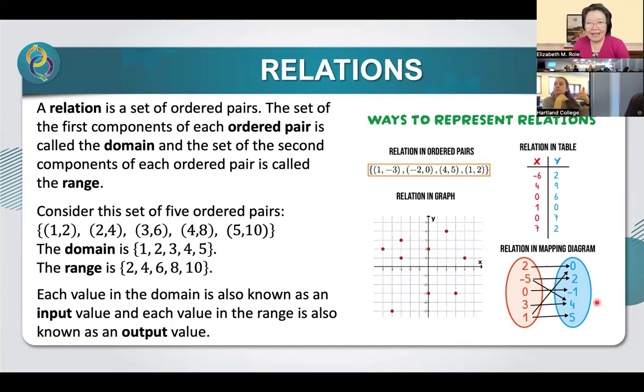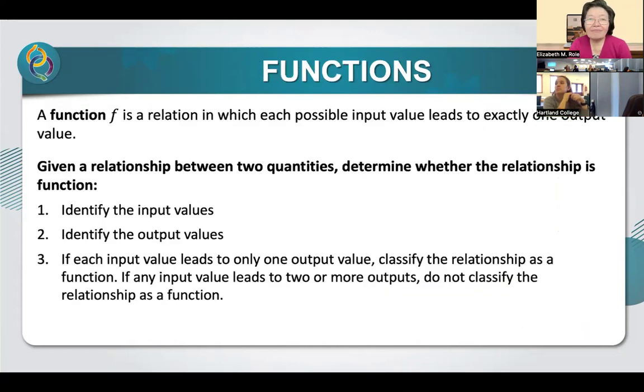in a mapping diagram. All right, so now let's move on to functions. I said relations is the mother, because it's the bigger set, and under the relations we have functions. Now there is a restriction for functions.